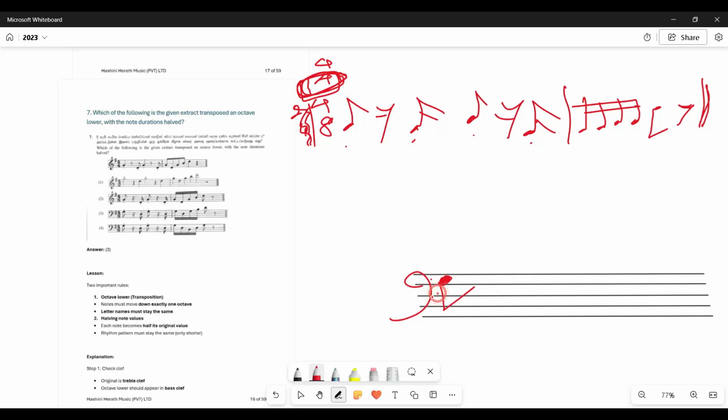In the bass clef. This is the same notes, not octave transposed. This is an octave higher, and it is doubled as well. So these two are not answers. Either this or this is the answer. So let's see which one it is.